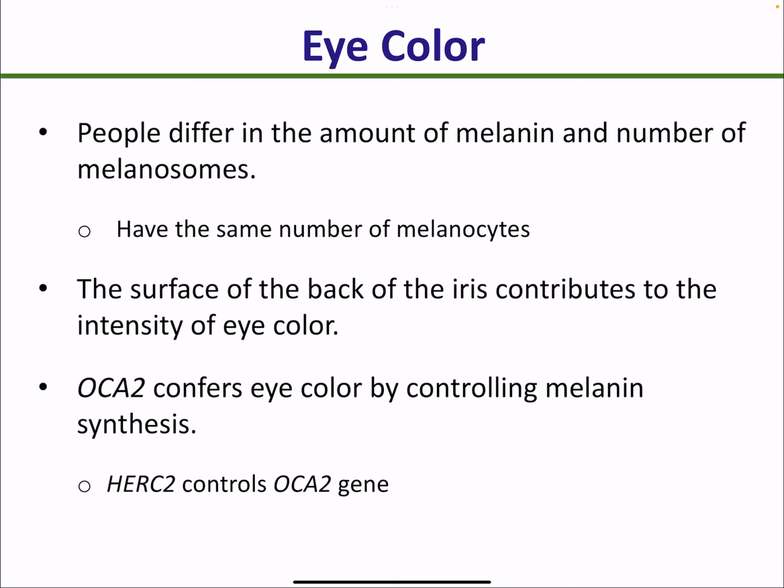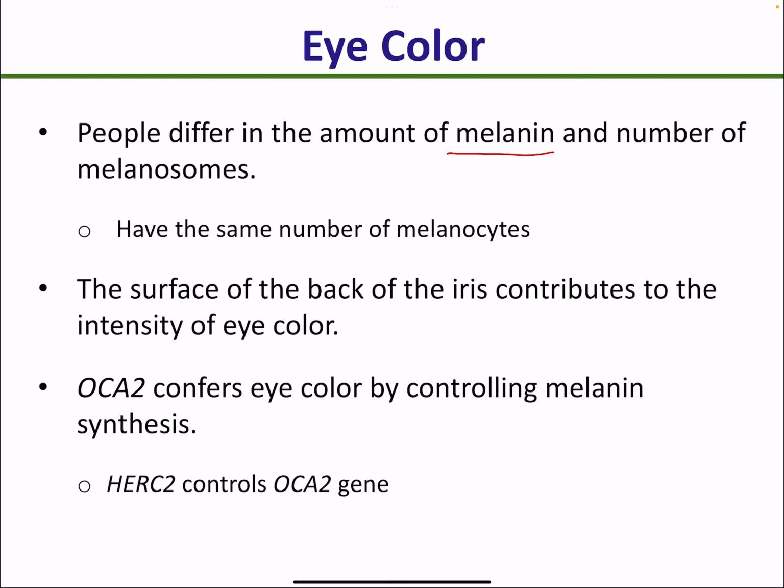So, looking at the color of the eyes, most people are going to have a dark pupil. And the reason why they're going to have a dark pupil is because they're producing melanin.